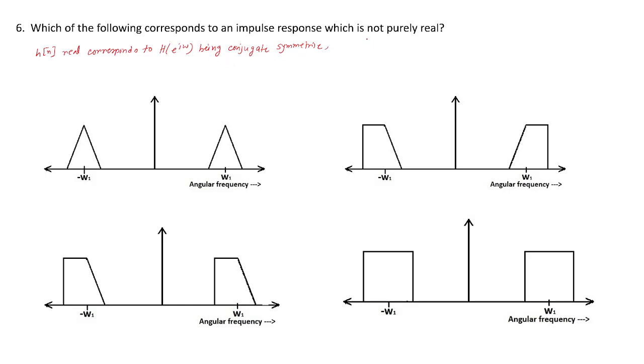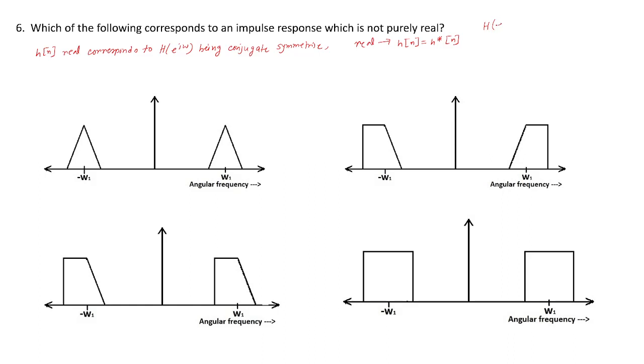And how exactly do we reach this conclusion? Because real corresponds to h[n] being equal to the conjugate of h[n].